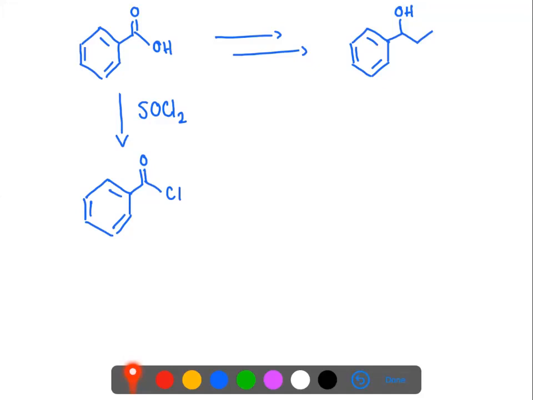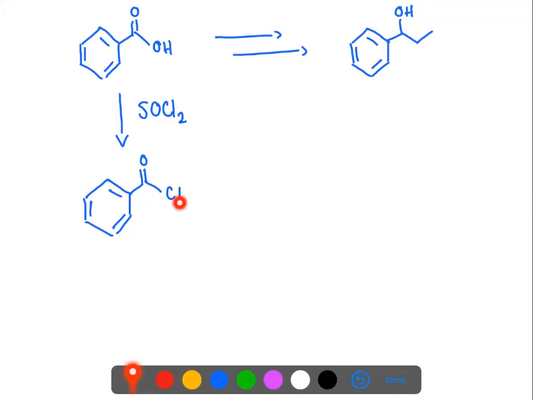And one should come to mind, one that we specifically discussed with the acid chlorides, and that's the Gilman reagent. The Gilman reagent, if you recall, is an alkylating agent, another carbon nucleophile that can be used to react with acid chlorides and acid anhydrides.